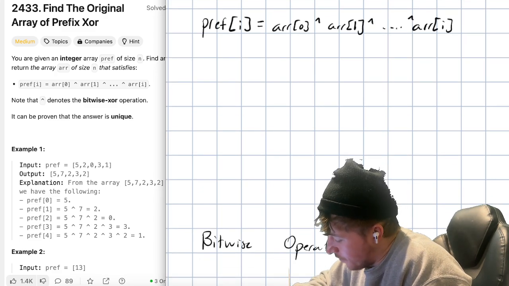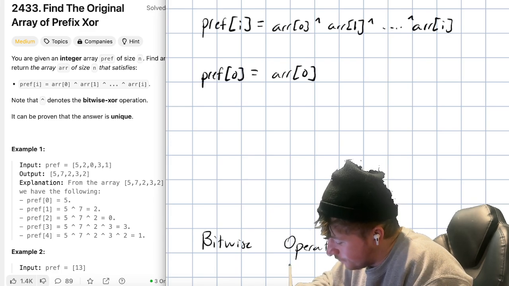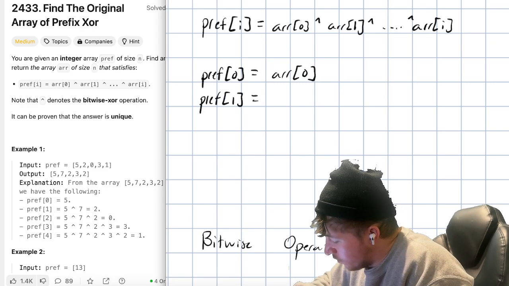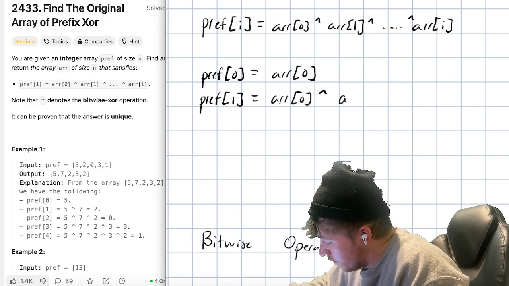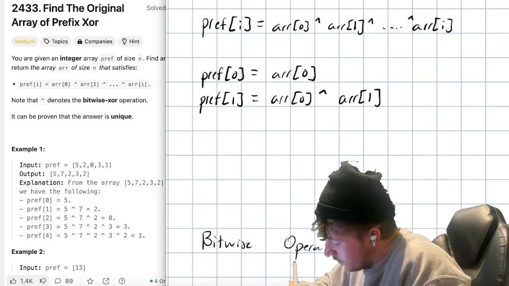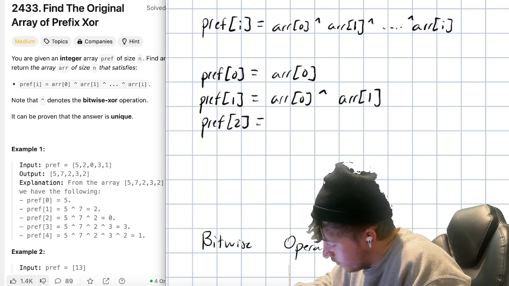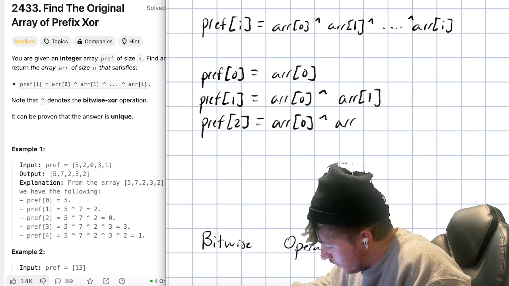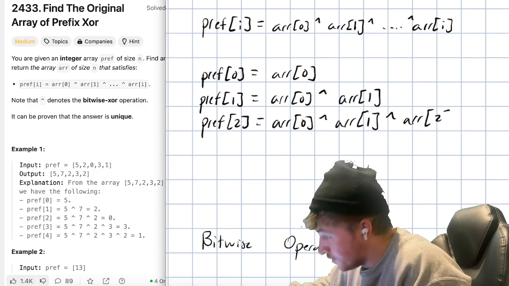Well, pref 0 equals array at 0. Pref 1 would equal array at 0 XOR array at 1. Pref 2 would equal array at 0 XOR array at 1 XOR array at 2, and so on and so forth.